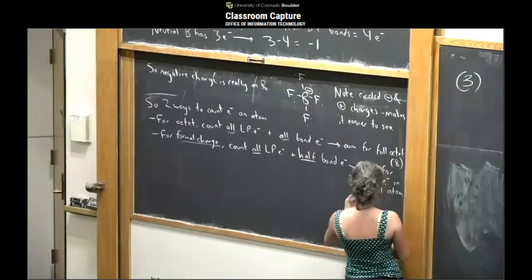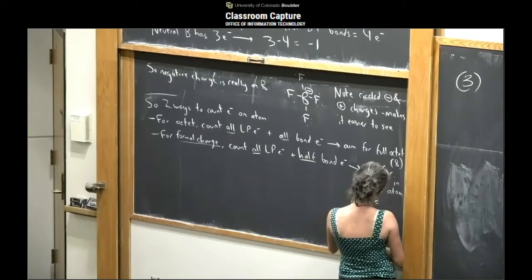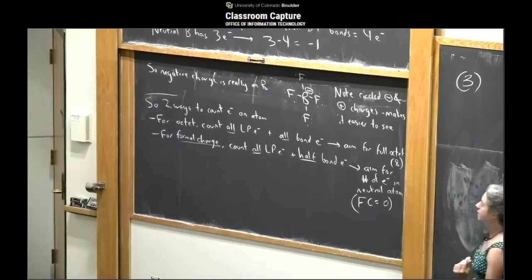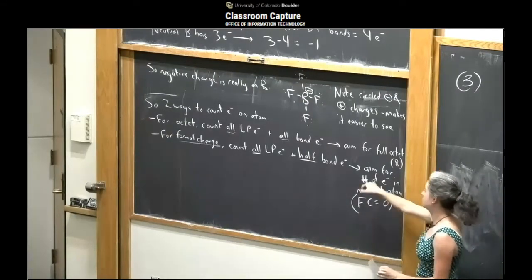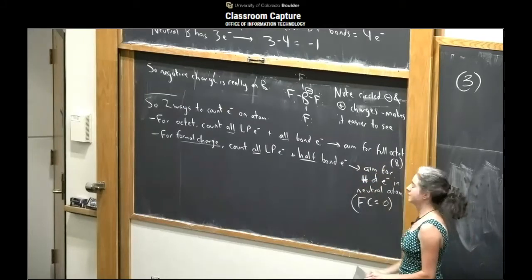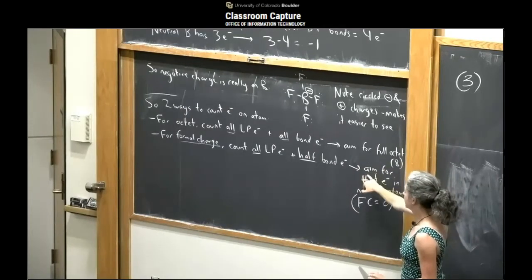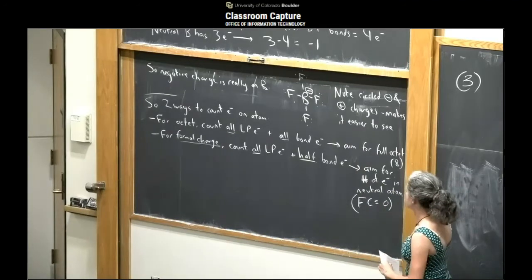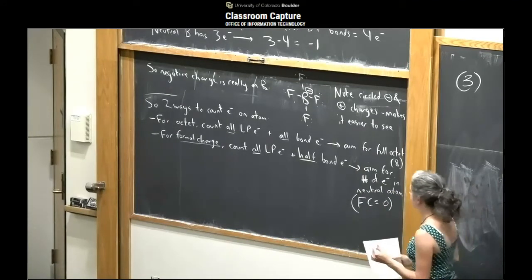So in other words, formal charge should equal 0 for maximum stability. There's going to be tons and tons of cases we see where it's missing one or the other of these goals, but to maximize stability, you want both of these things to be satisfied at once. It needs a full octet and it needs a neutral charge.